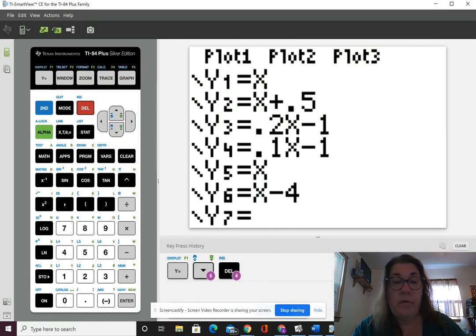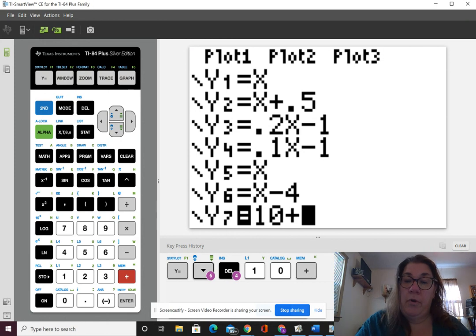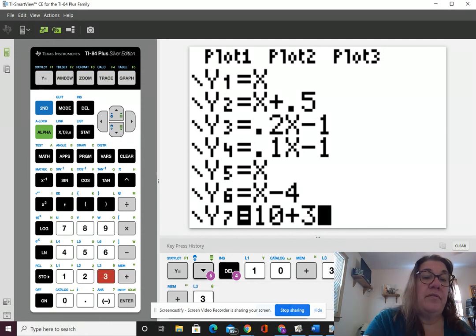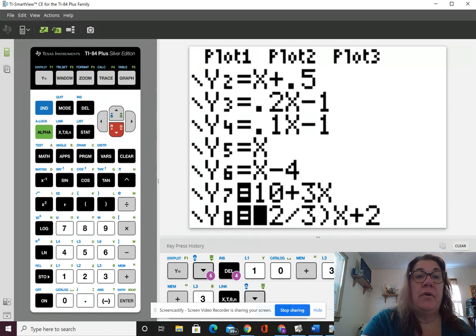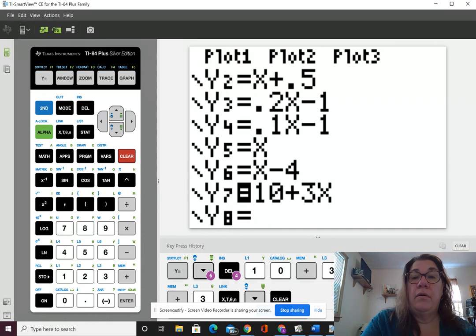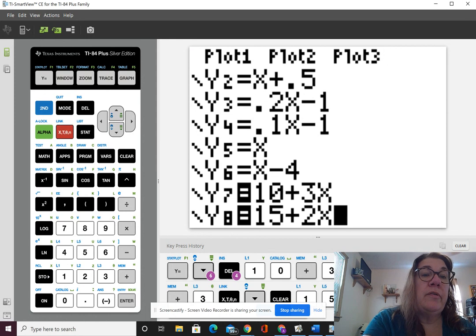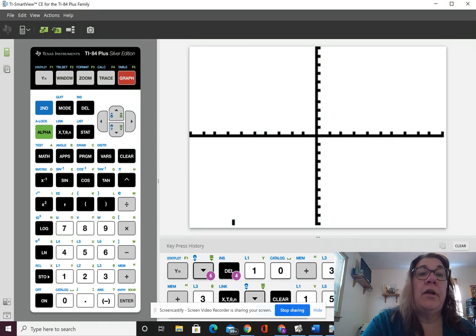Okay, so when I type in the 10 plus 3x, and then 15 plus 2x. And I graph it.